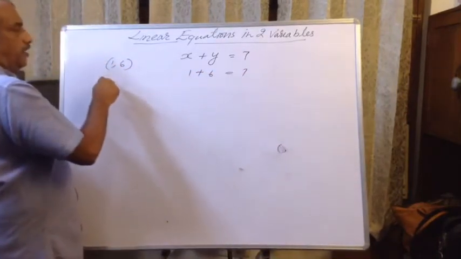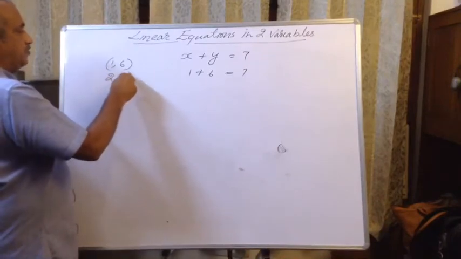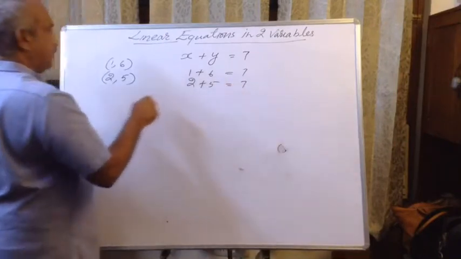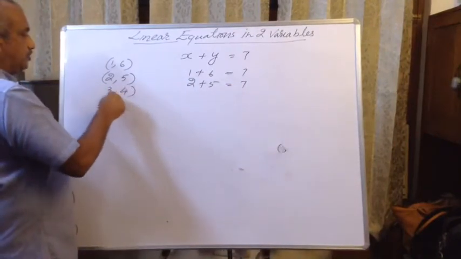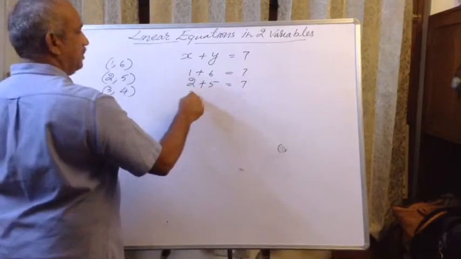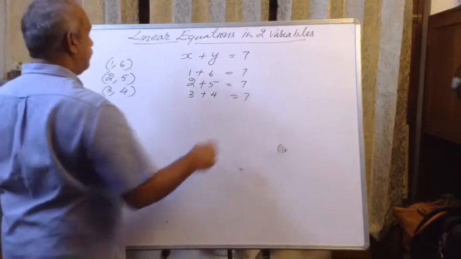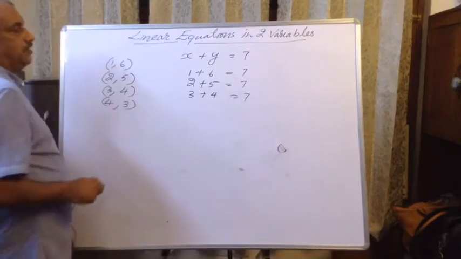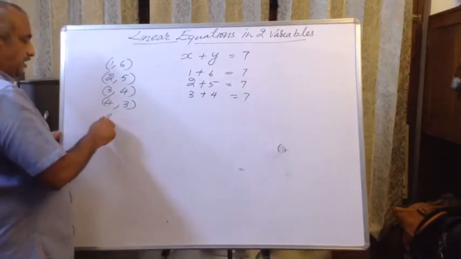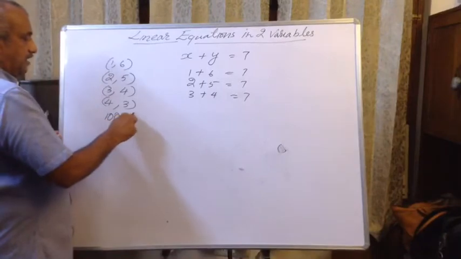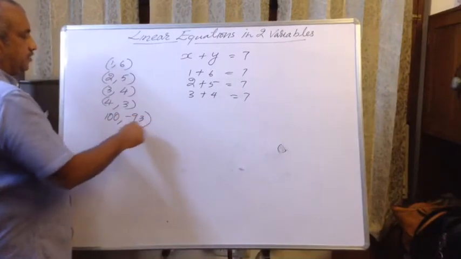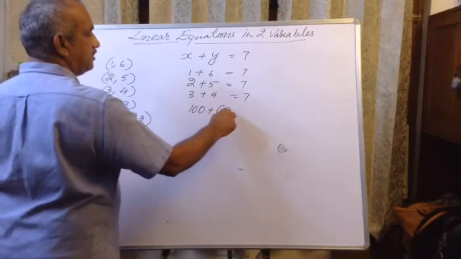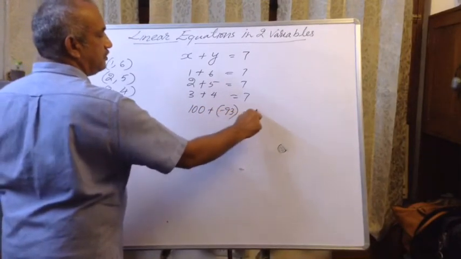Now there are many values, infinite values you can say. 1 and 6 is possible, because 1 plus 6 is equal to 7. Again 2 and 5 is possible, because 2 plus 5 is equal to 7. 3 and 4 is possible, because 3 plus 4 is equal to 7. Again 4 and 3 is possible. Even 100 and minus 93 is possible, because 100 plus minus 93 is equal to 7.